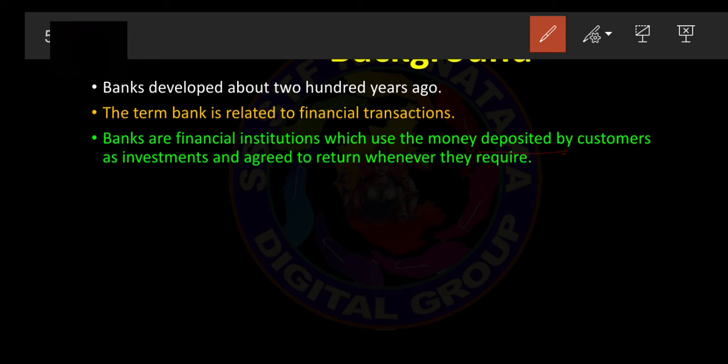Deposit means we are going to deposit money. When you go to a bank and deposit some money, for example 1,000 to 1 lakh or crore, that means a deposit. What's the meaning of deposit and credit? Credit, for example, in my account I was credited 25,000.